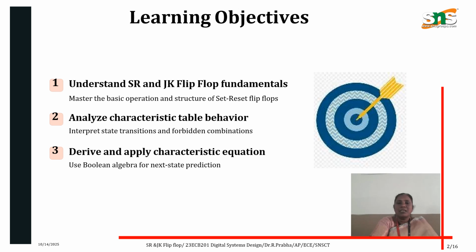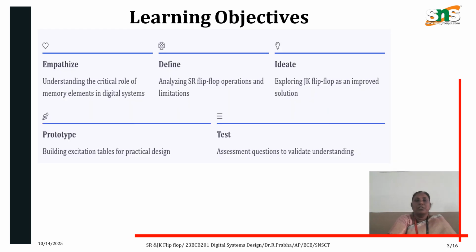So now coming to the learning objectives of this video. One is understanding SR and JK flip-flop fundamentals, analyzing characteristic table behavior, deriving and applying the characteristic equations. In a design thinking way, empathizing is understanding the critical role of memory elements in digital systems.